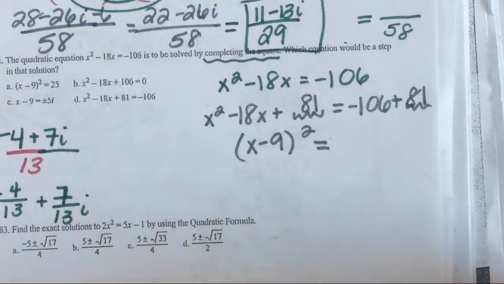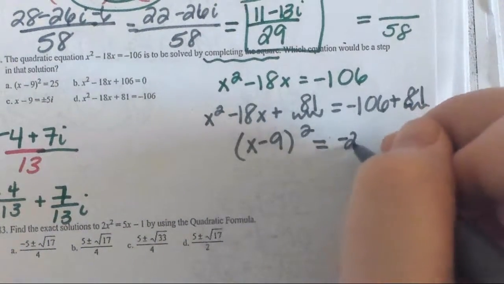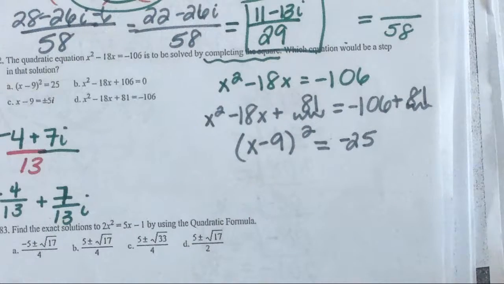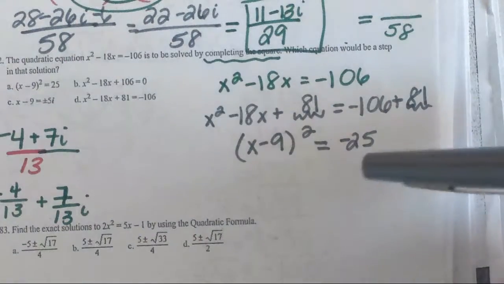I don't know what's negative 106 plus 81. I feel like the answer is A. It would have been, except we have negative 25.